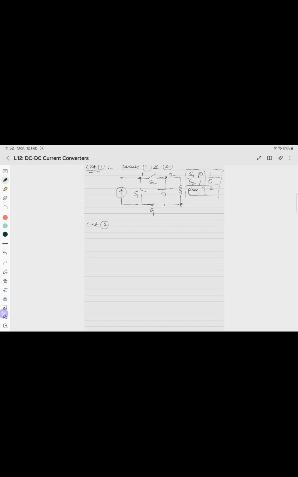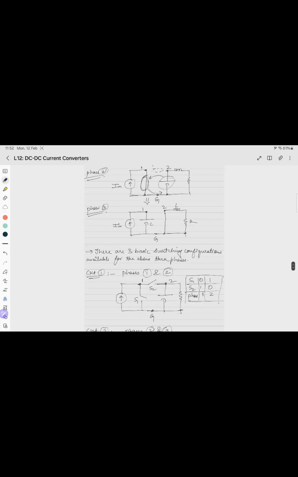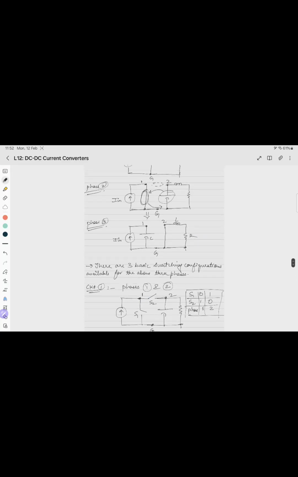Let's say I write circuit configuration 2, where I combine phases 2 and 3. See what is the common thing.